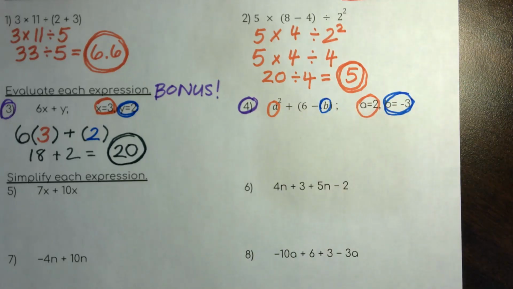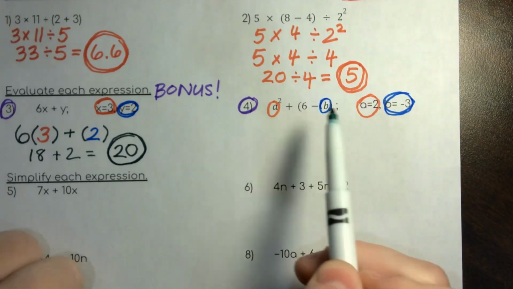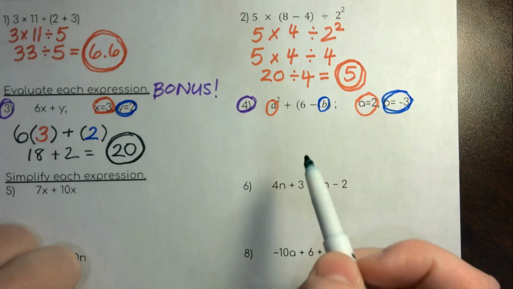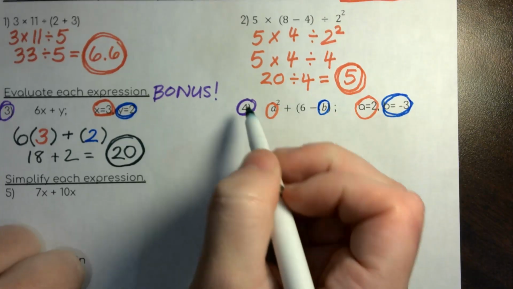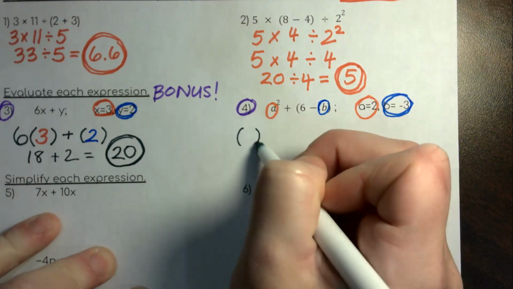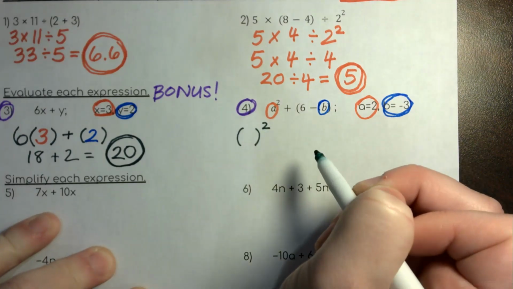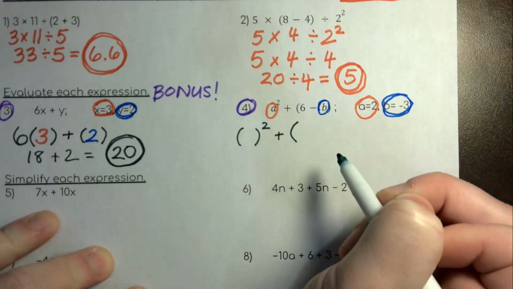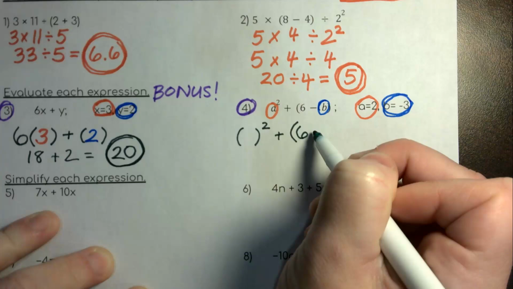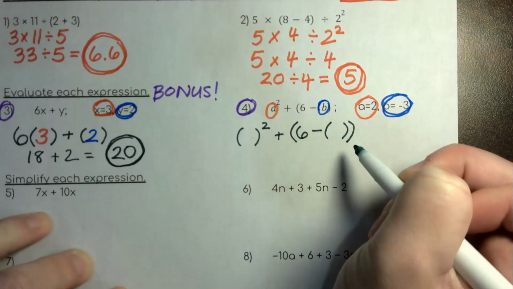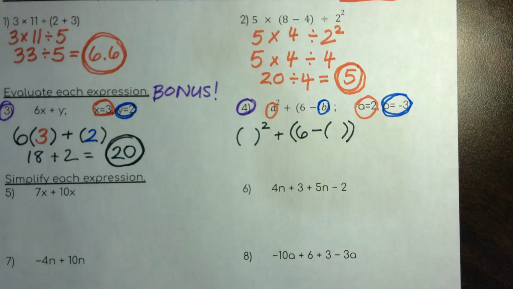We're going to rewrite this expression, but with slots so that we can put our A and our B where they belong. So we have A squared plus parentheses 6 minus whatever B is. Okay, so we have our expression written out.